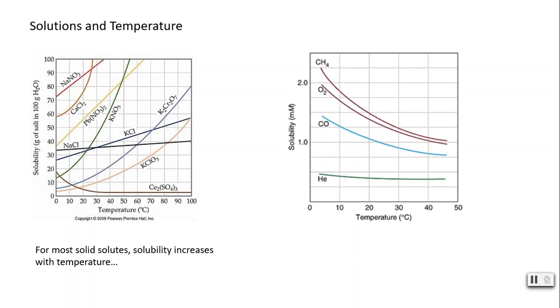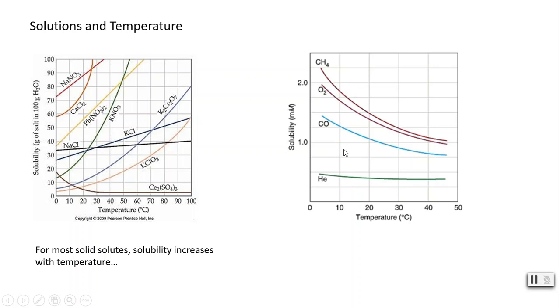But let's take a look at a similar graph, but with regards to not solid solutes, but gases. We have methane, oxygen, carbon monoxide, and helium. We again have solubility on the y-axis. The units for solubility are different, but it's still a measure of solubility, and temperature is on the x-axis.